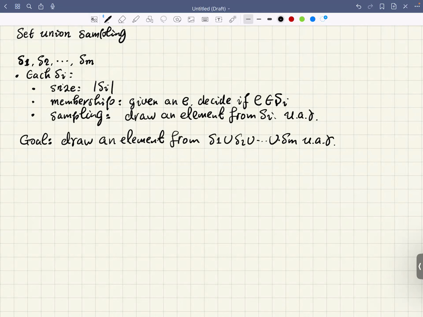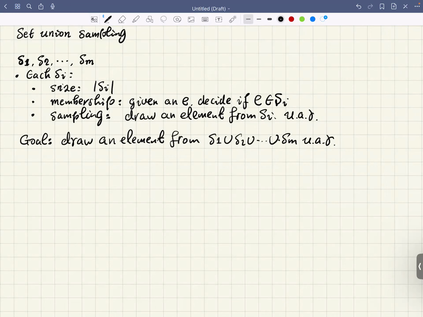You can first sample at the set level, and then you go into the set. This is a very typical two-step sampling strategy. More specifically, you could first look at the sizes of all these M sets.